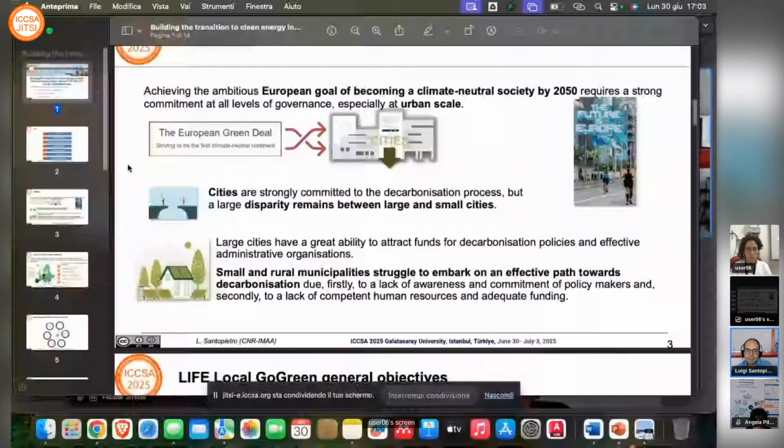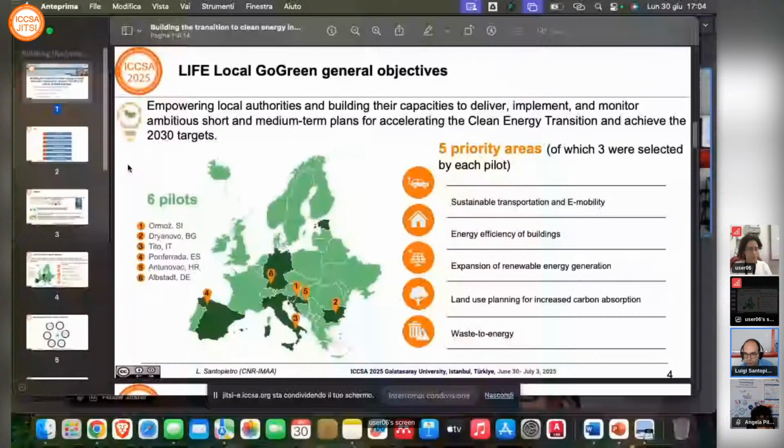And this is the aim, on the next slide, please, of the Local Go Green project, which is aimed at developing, implementing and monitoring short and medium-term plans for accelerating the clean energy transition to achieve the 2030 targets. It is obtained through the selection by the 6 pilots located in 6 EU countries of 3 out of 5 priority areas.